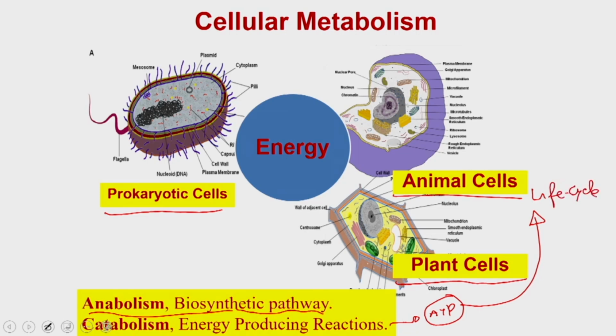So, these are the two major processes happening in any of these host cells, whether it is a prokaryotic cell, animal cell or plant cell. Let us discuss these reactions.